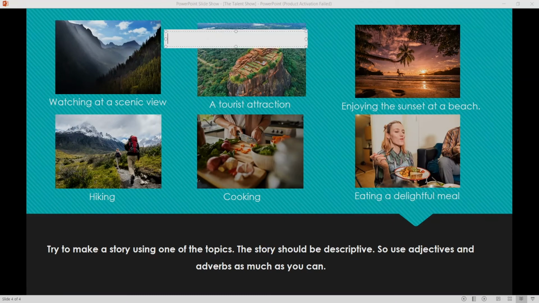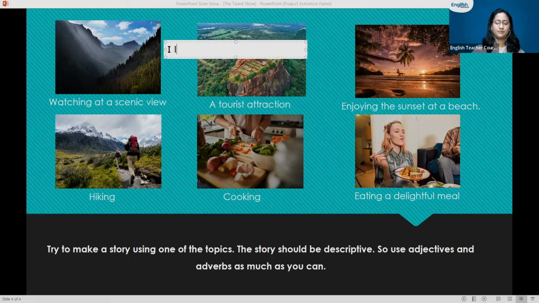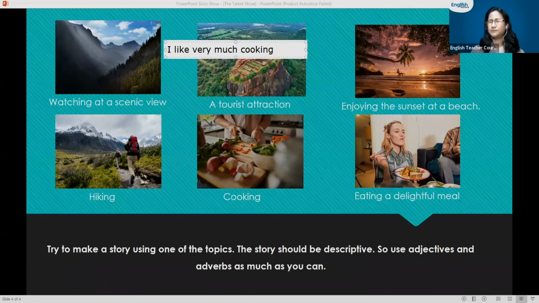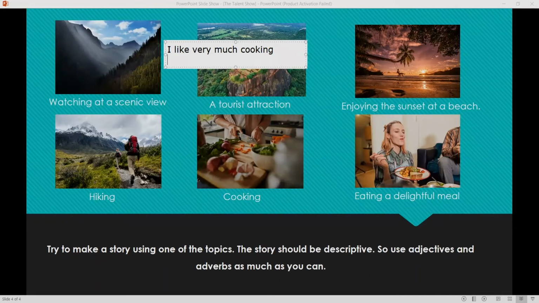Hello, Miss. Yes. I'm Prasadika. Cooking is a very interesting thing. I like very much cooking. We have to careful to wash properly before cooking vegetable. We should wash off them very well before cooking.